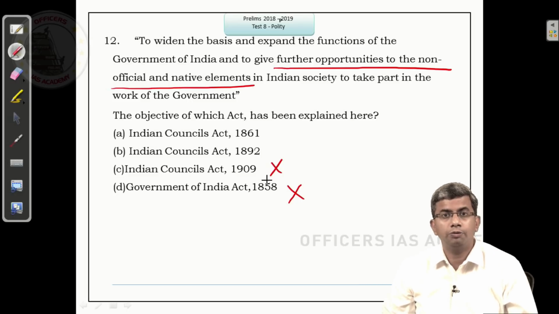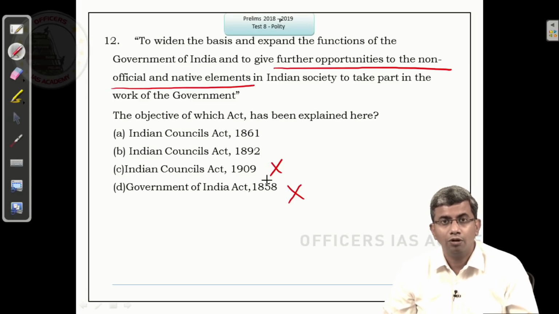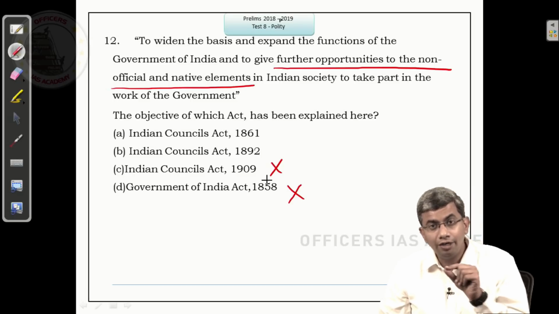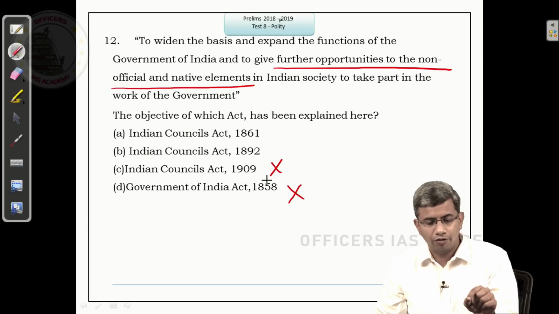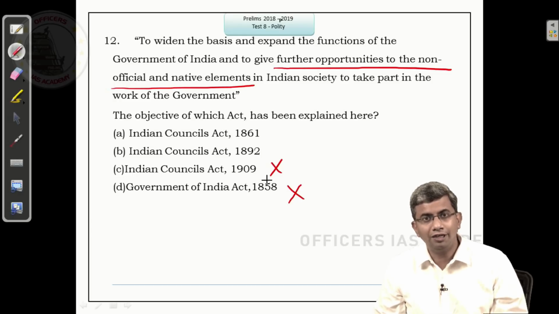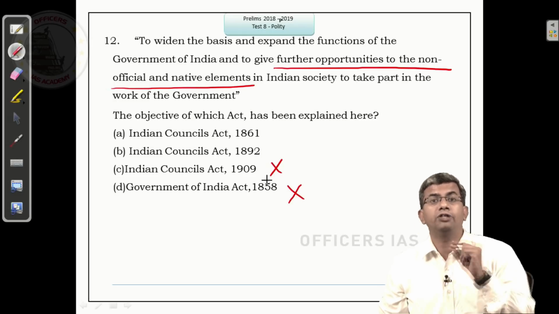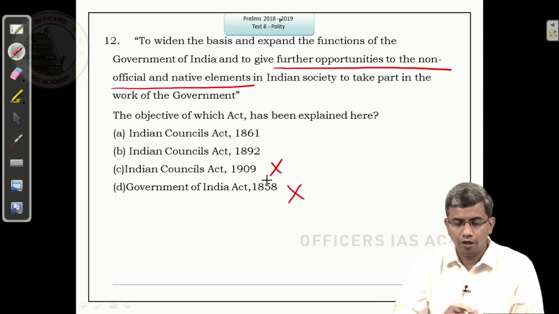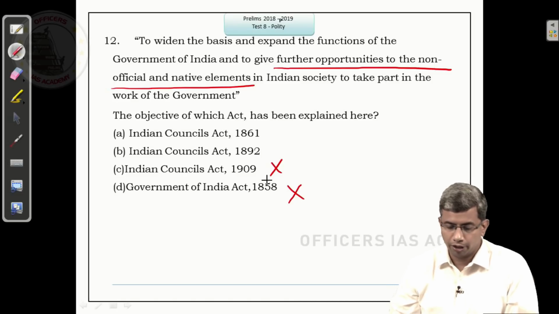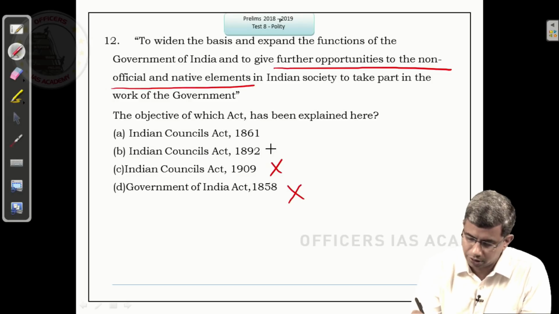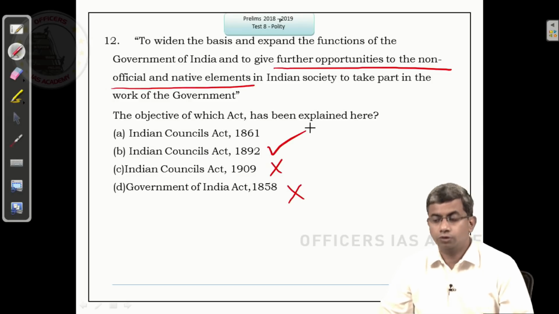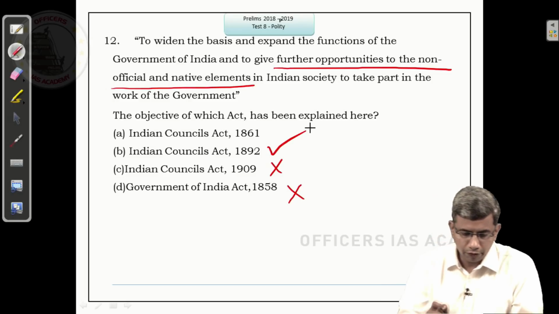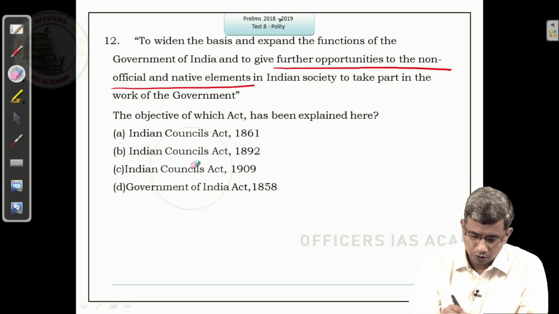Now your choice is between 1861 and 1892. 1861 introduced native and non-official participation, and 1892 furthered the opportunities to non-officials and native elements in Indian society in the work of the government. So, the correct answer here is B, Indian Councils Act of 1892.